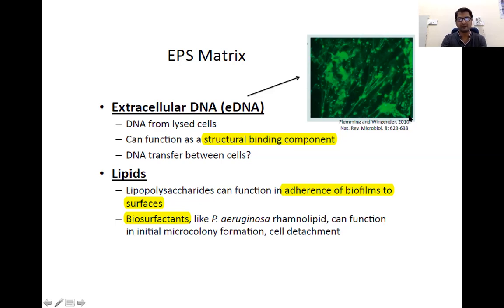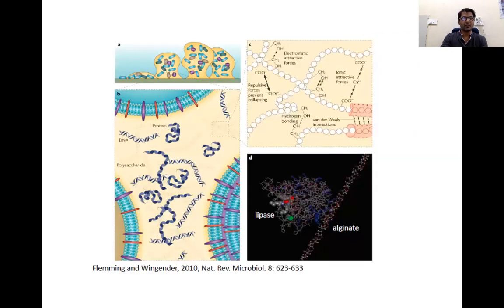This is a micrograph of biofilm from Nature Reviews Microbiology in 2010. If you want, you can go through this article and find more about these compositions.